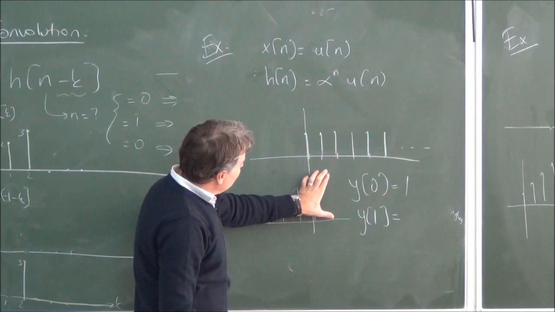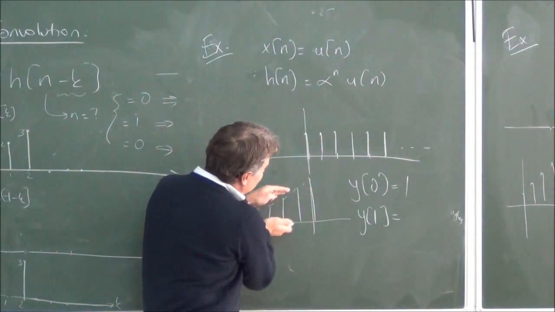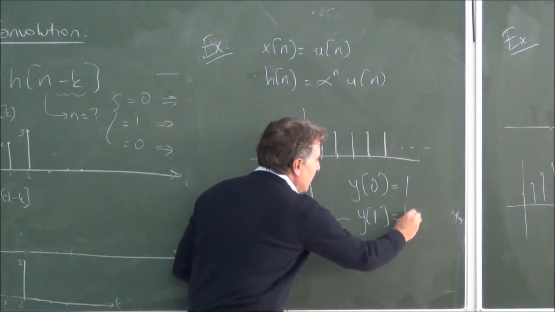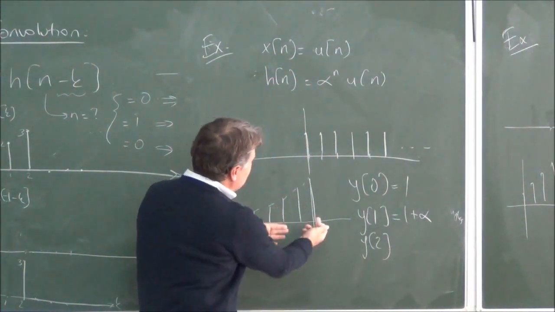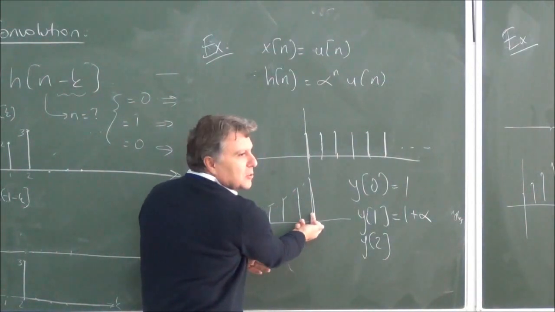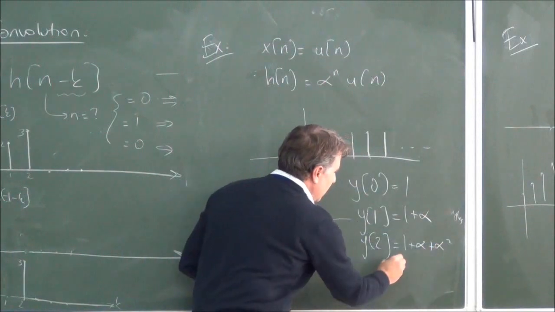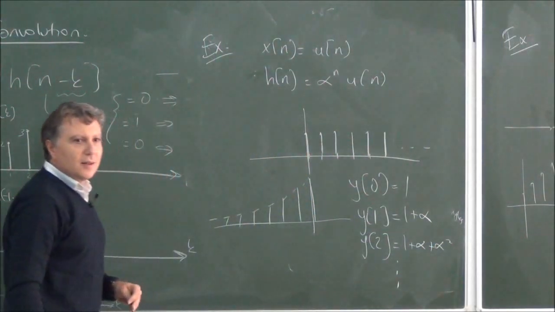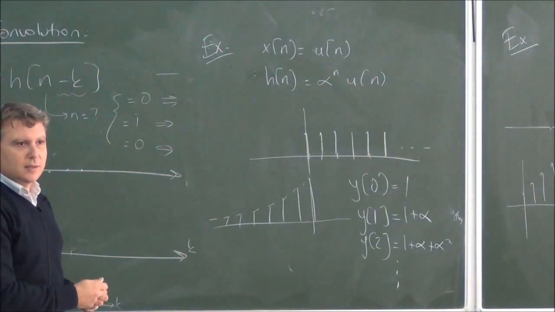It will be 1 plus alpha, right? 1 will be multiplying this, and alpha will come in from here. What is y2? It will be 1 plus alpha square. Just go on. Isn't it the same formula that we developed as the answer to the question?